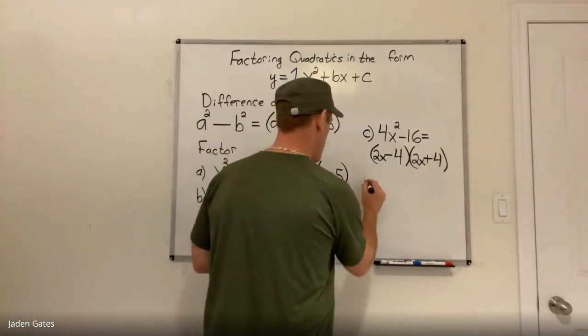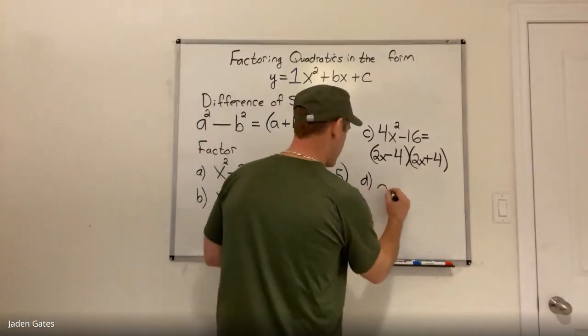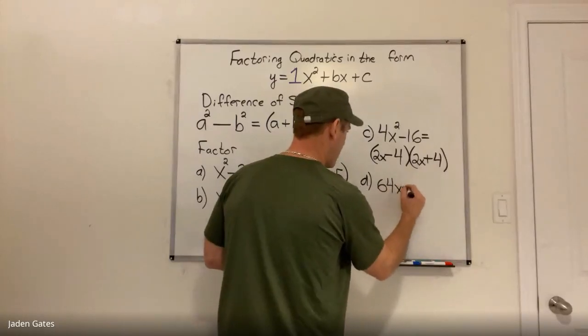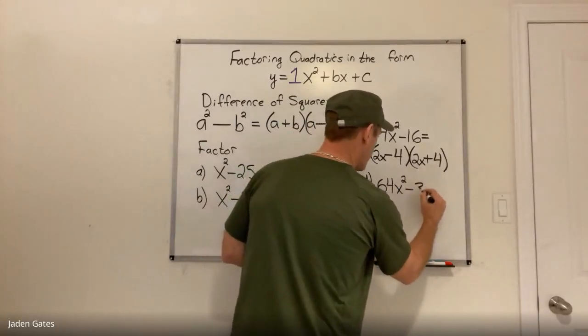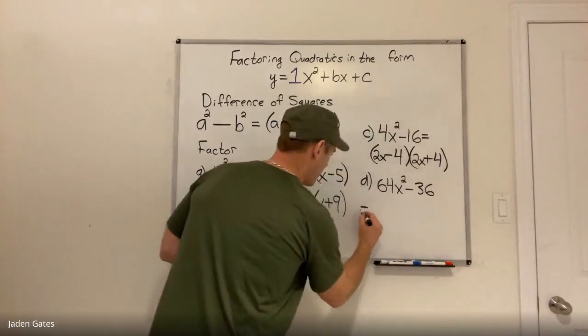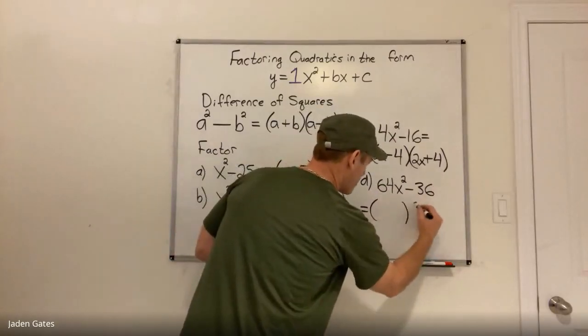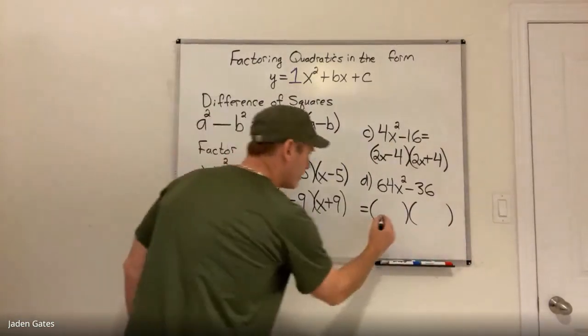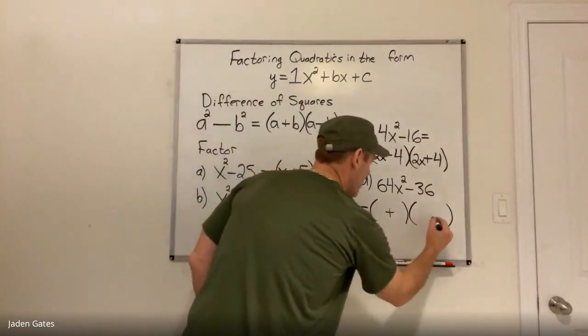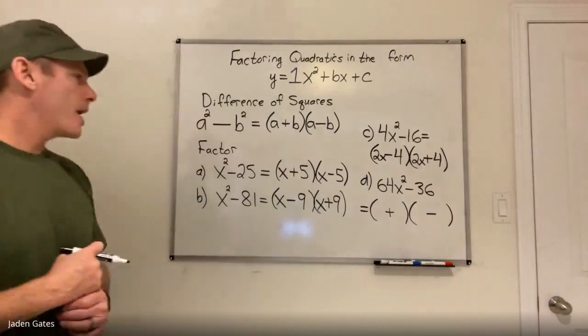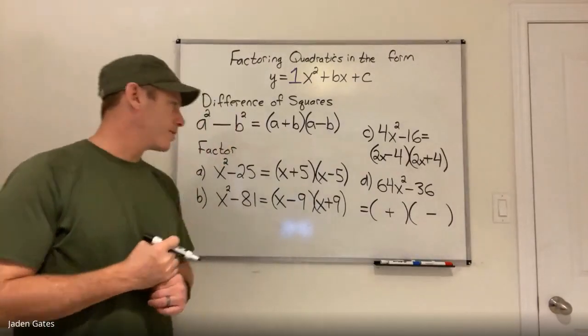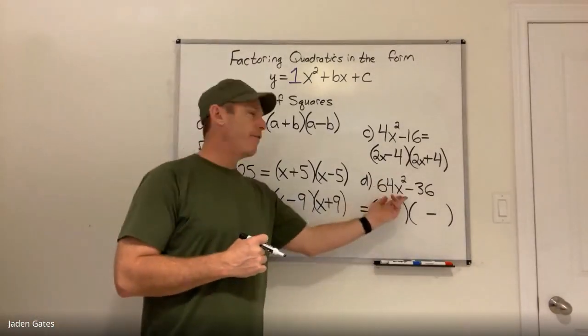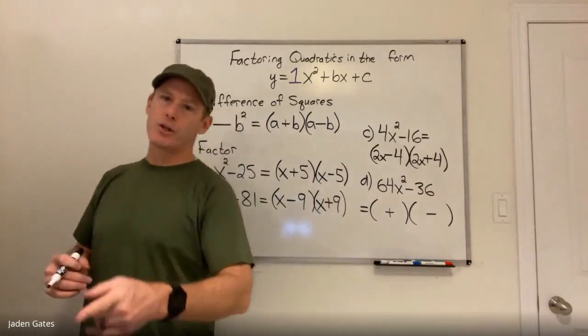All right, now last one. D. I can have something like this. 64x squared minus 36. So once again, there's my two brackets. Plus sign in one of them, minus sign in the other. 64x squared means I got to square root the 64.